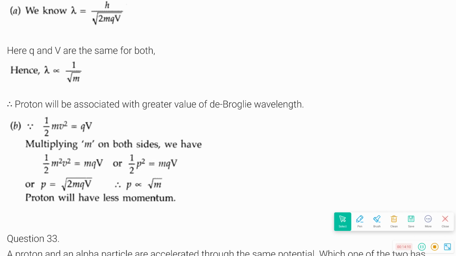They did it in a different way: half mv square is kinetic energy qV, and they substituted this. If charge is same and potential is same, then p is directly proportional to root m, so proton will have less momentum. This is a different way they told. No worries.